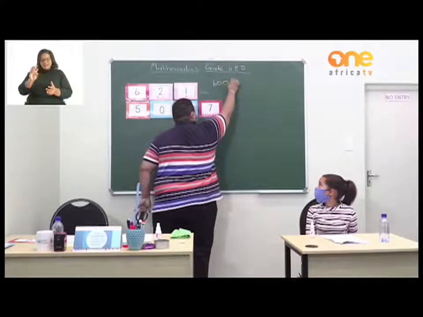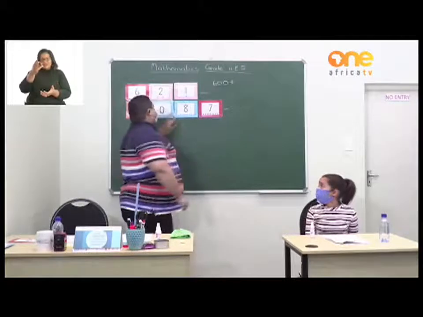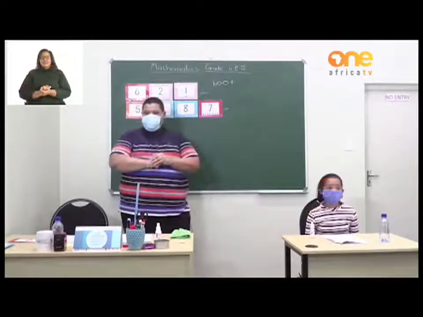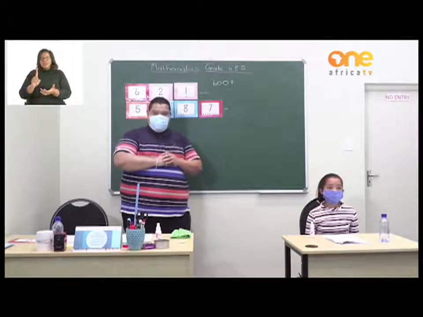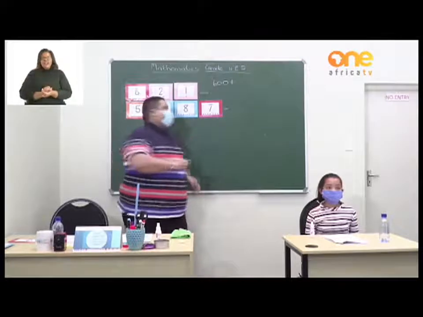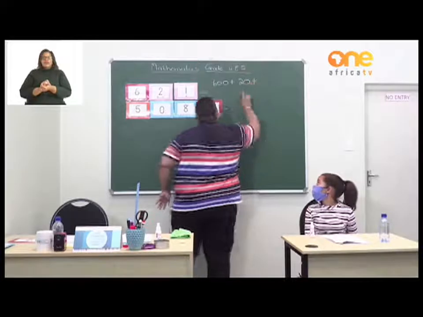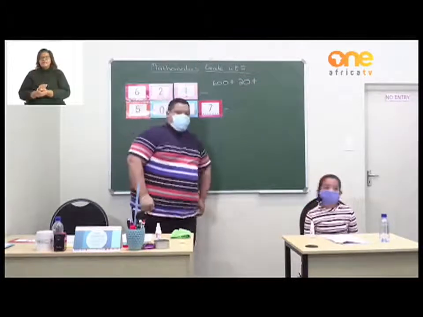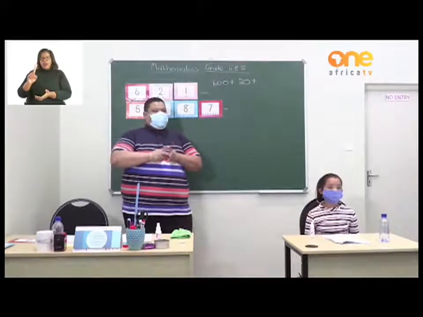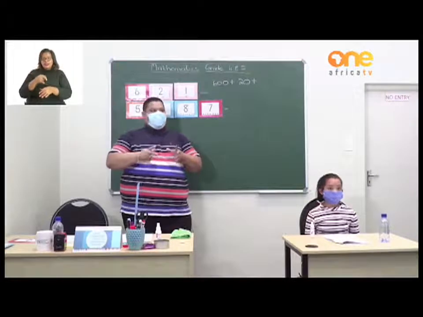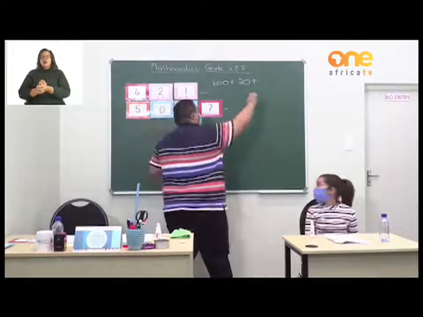So we write 600 plus. What is the value of the 2? The 2 is in the place of the 10, and that means the value is 20. Plus the value of the 1. The 1 is a place of the units, and that gives us a value of 1.